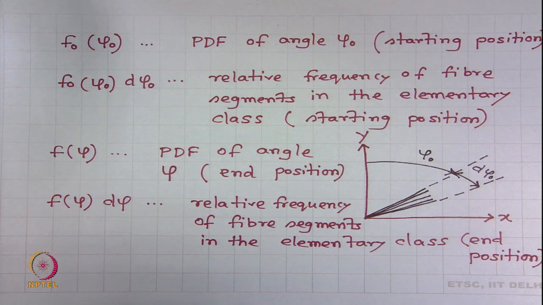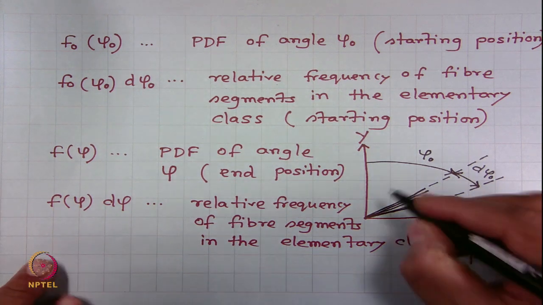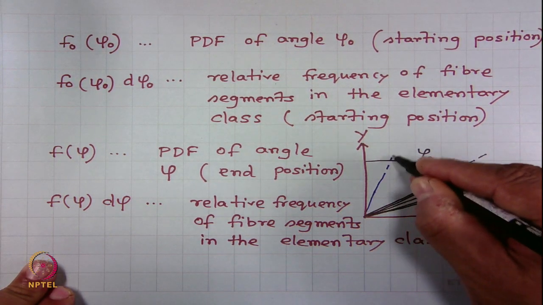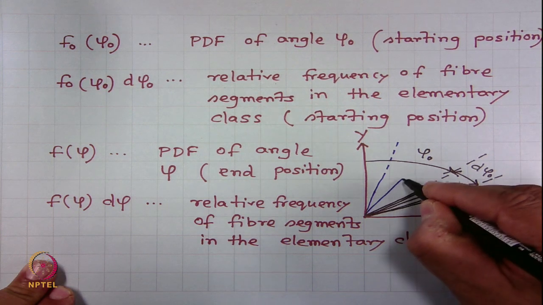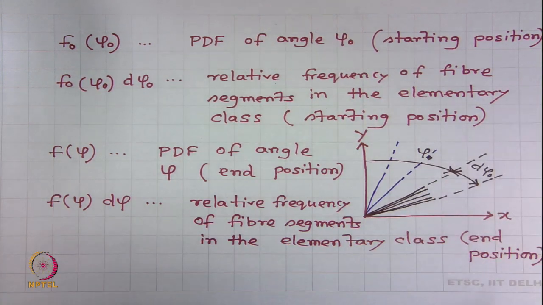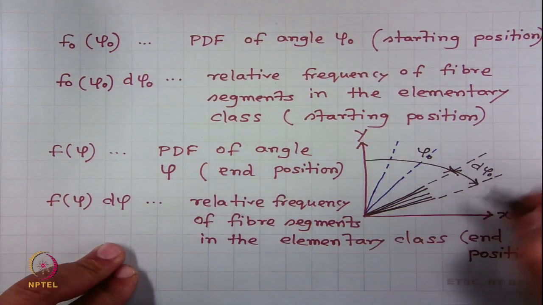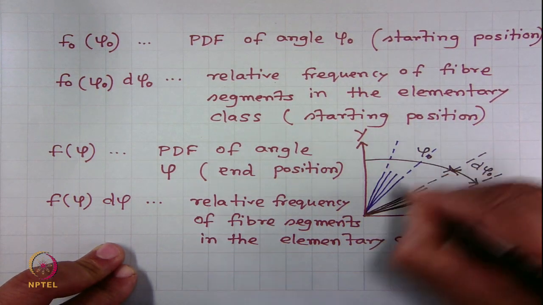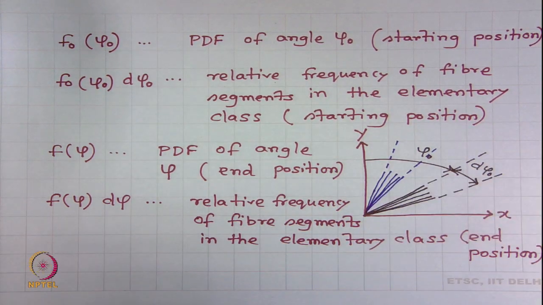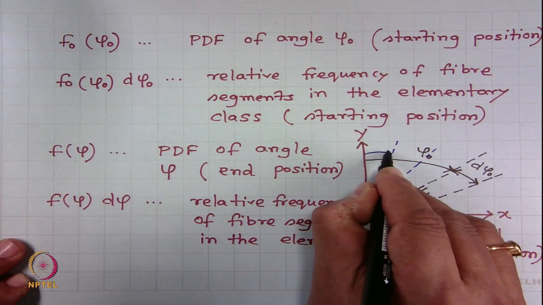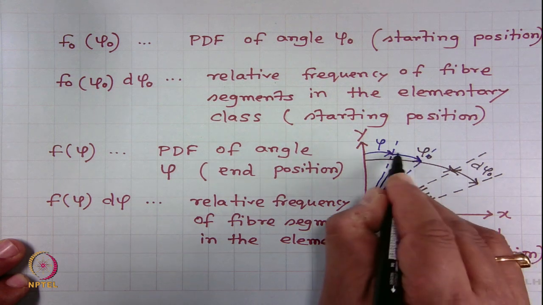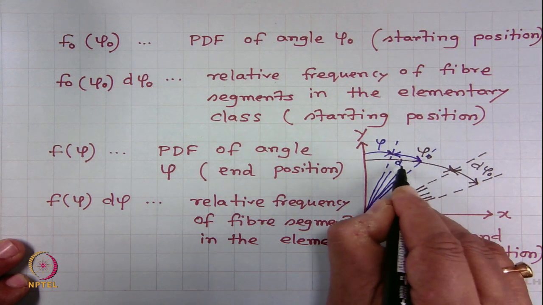Suppose we now have another band. All these segments will now change to their new position. This angle is psi and this width is d psi.